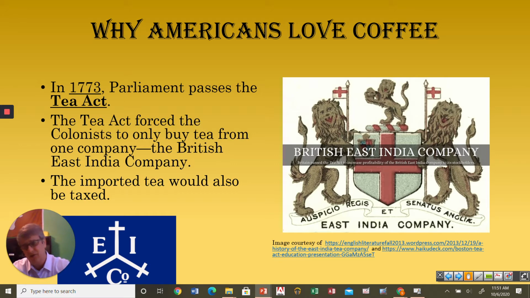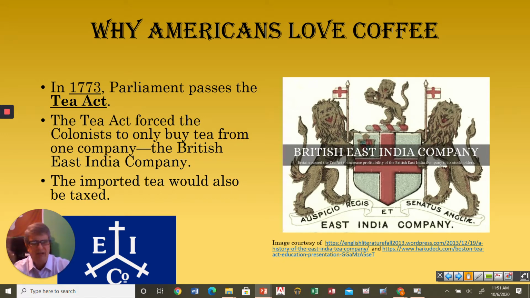Now, another issue going on here was that the British East India Company wasn't doing so well financially, and so the politicians in London, the king, the parliament, thought, well, if we can force the colonists to buy from the East India Company, well, lo and behold, there's another 1 million customers for the East India Company, and that'll help them economically.